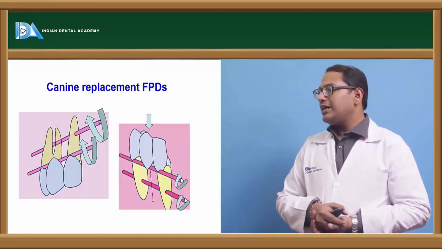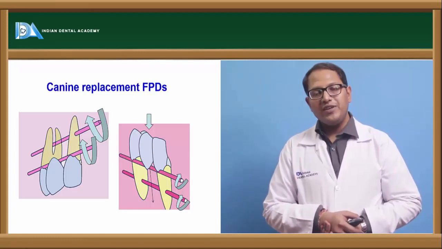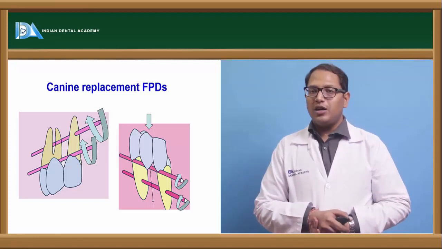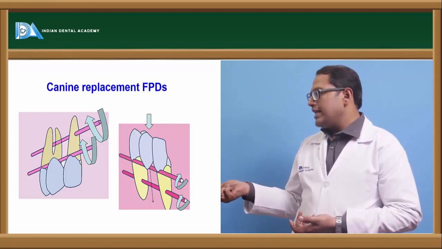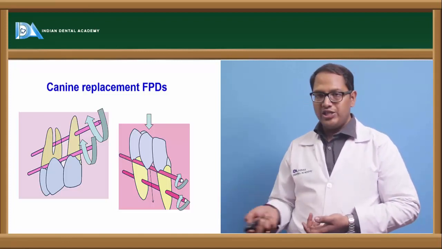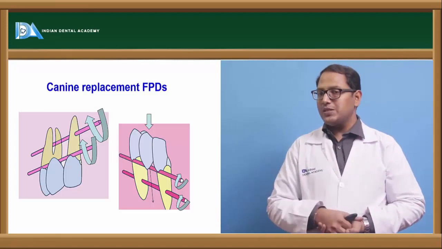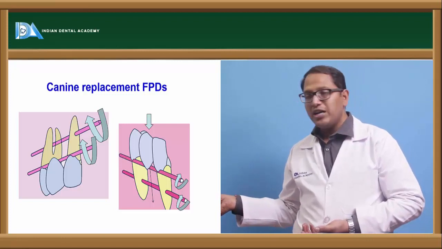Coming to canine replacement of fixed partial dentures. In case of canine replacement, since it's a corner tooth, it is very important to do the diagnosis. Because if the canine is coming out of the curvature, it will give a bending force. It will have these twisting forces onto the entire fixed partial denture.